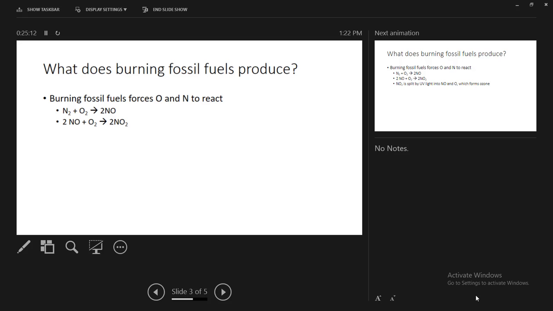Okay, so here's the really big deal. UV light, even the UV light that moves through the ozone layer, is enough to split these molecules of NO2 into NO and single atoms of oxygen.